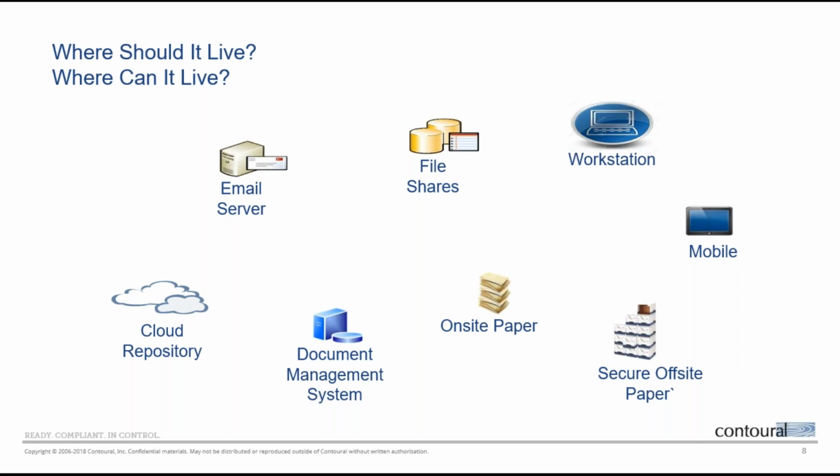I've got iPads and phones. I've got all kinds of cloud repositories like Box, and Google Docs, and all kinds of other places where I can store things. There's this document management system that's for records only that maybe I touch and maybe I don't. And then there's all the paper that I've got in my office, in file rooms, and offline.